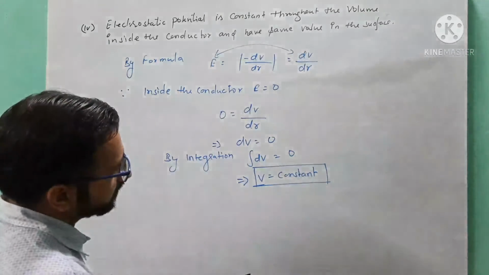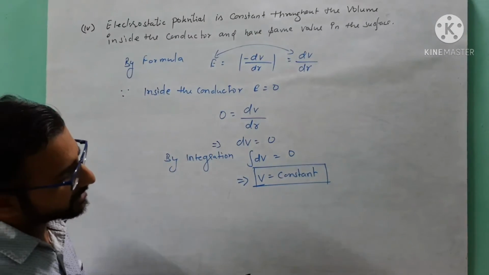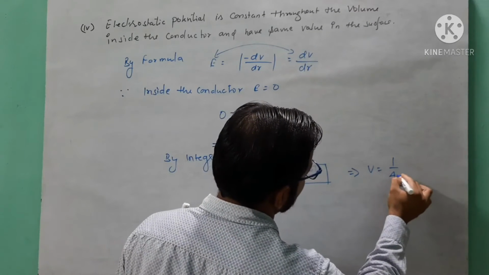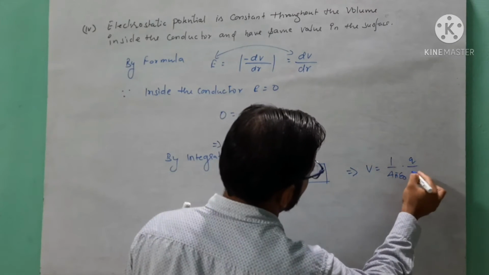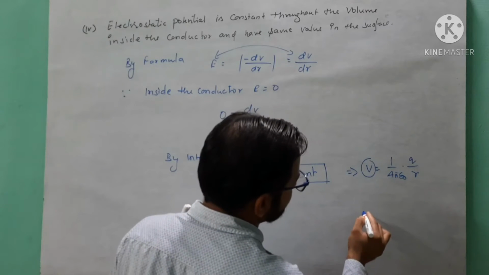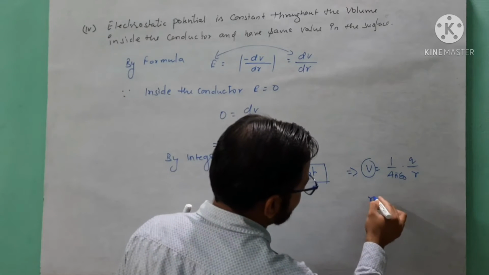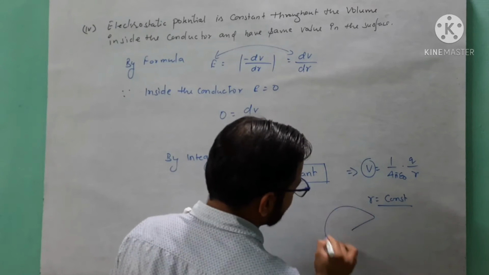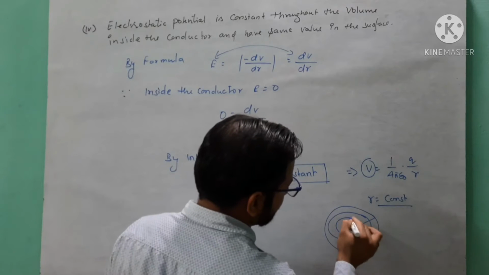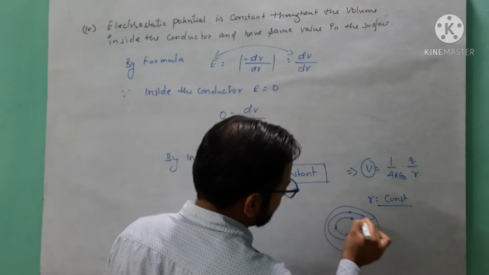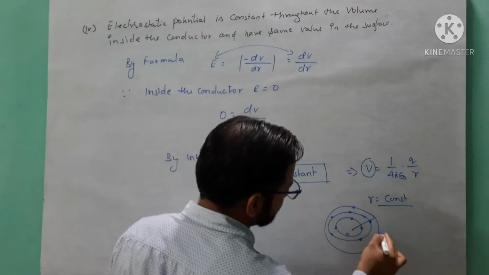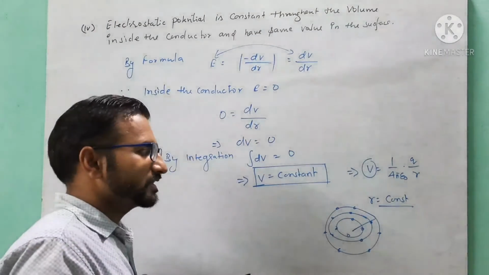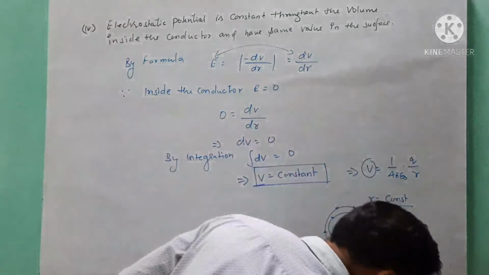So, same for all points means that we can also correlate this relation by the formula of 1 over 4 pi epsilon naught Q by R. As V is equal to constant, at that time we can also say that R is equal to constant, meaning that at different radius we will see concentric equipotential surfaces, in which all points at the same radius have the same electrostatic potential.